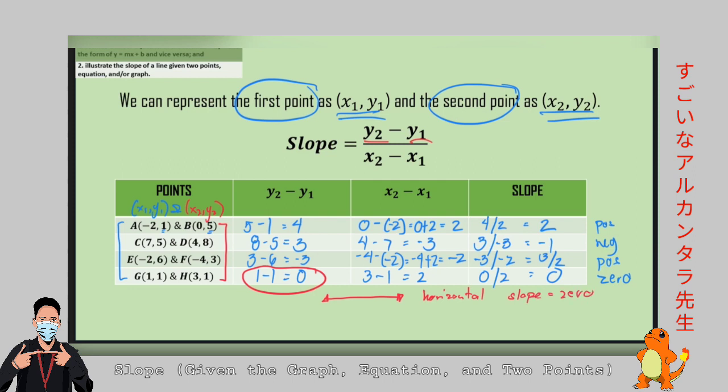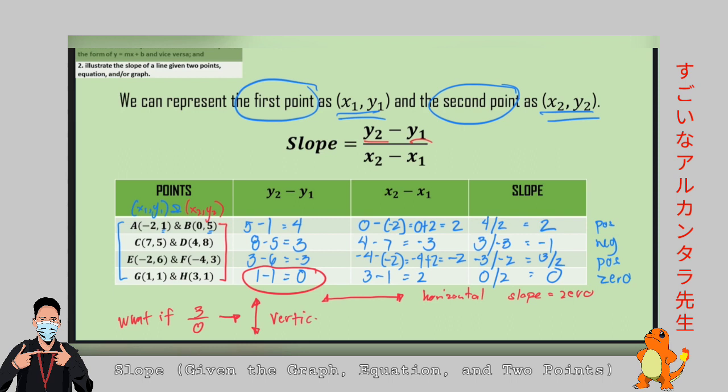Now, you might be wondering, what if instead of the numerator, the vertical change, it is the horizontal change, which is the denominator, that is 0? So what if we have this kind of example wherein we have 3 over 0? This one will look like a vertical line instead.